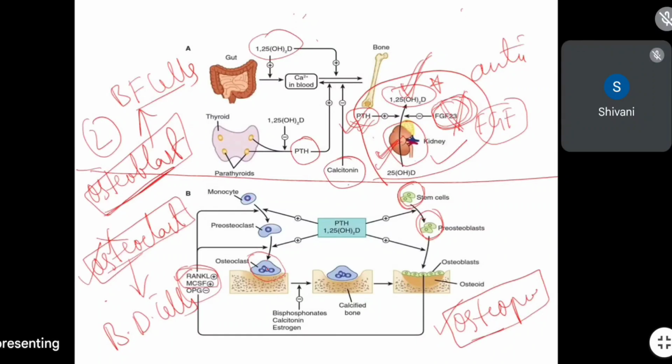Actually, osteoclast cells are differentiated from monocytes, from the stem cells. This monocyte is again differentiated into pre-osteoclast, and that again into osteoclast. These osteoclast cells are a type of bone cells. When they are synthesized in the bone, slowly they will try to degrade bone. So to degrade the bone, who is indirectly helping? RANKL factor and MCSF factor.